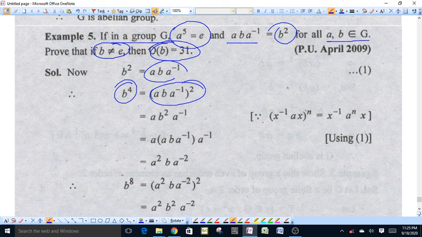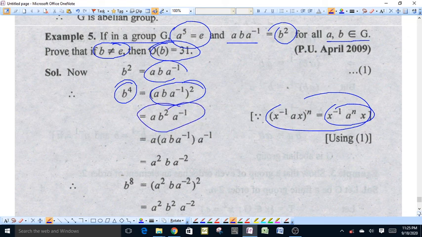By using this property, (x inverse a x) raised to power n is equal to x inverse a raised to power n x, this will be equal to a b square a inverse. But b square is equal to a b a inverse. Putting in this value in this step, this will be equal to a a b a inverse a inverse, which will be equal to a square b a inverse square.